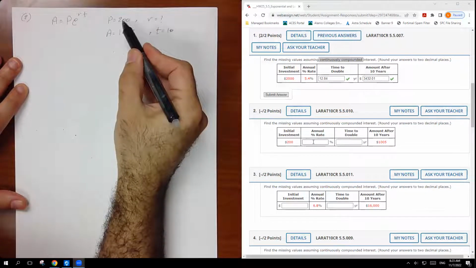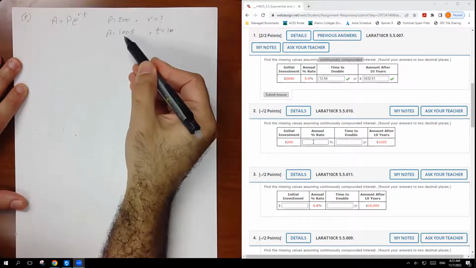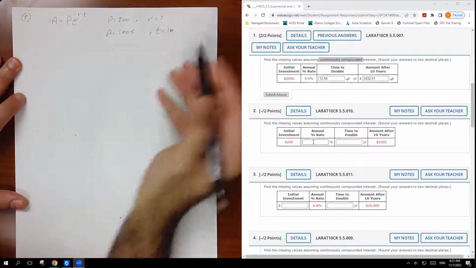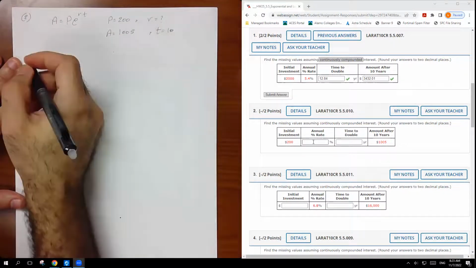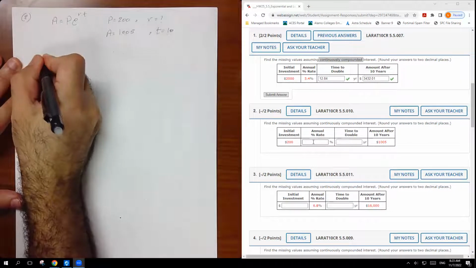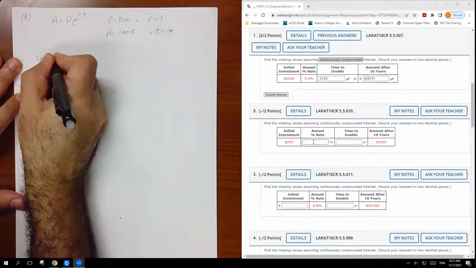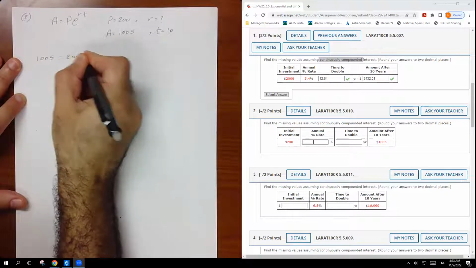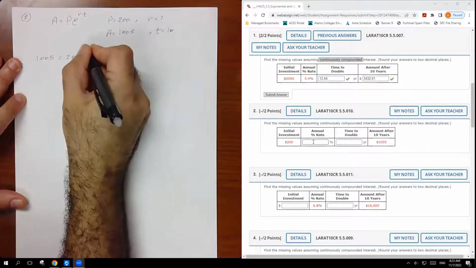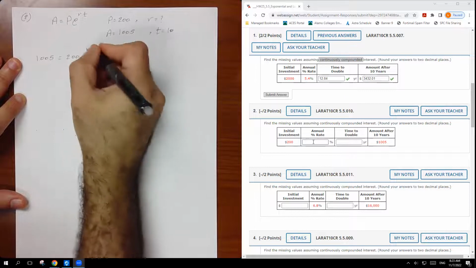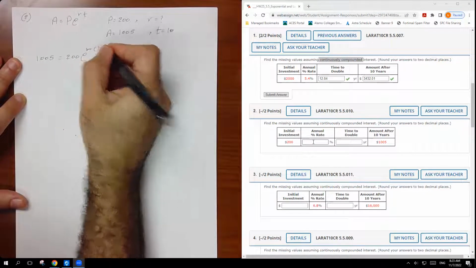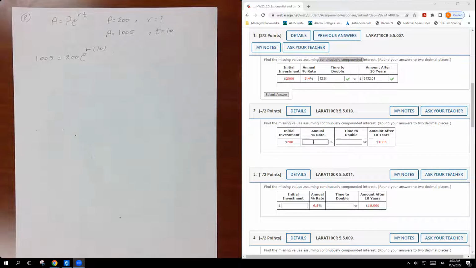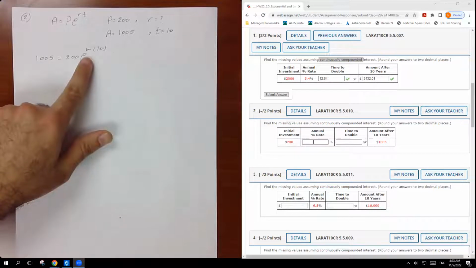So that's the important thing, because it's exactly the same rate. So I have the invest, I have the future amount after 10 years. So I'm plugging all this information here. That means 1005 equals, the invest is 200, e to the r, that's what we need to find, and the time is 10. So the only variable here is the rate.